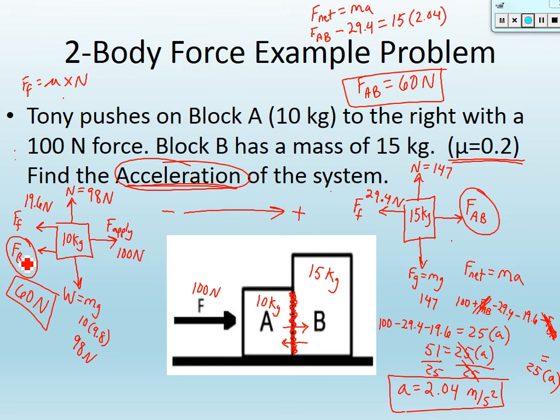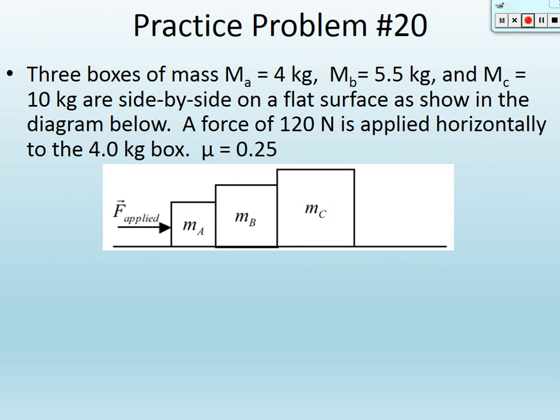That's the only trick with two-body force problems, is that contact force. It's pretty easy, isn't it, guys? Let's see if you've got this. I've got practice problem number 20. It says 3 boxes, MA is 4 kgs, MB is 5.5 kgs, and MC was 10 kgs, are side by side on a flat surface as shown in the diagram below.